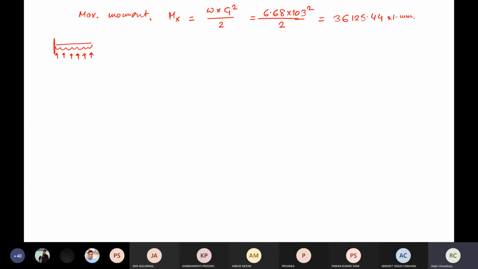Okay, now that much maximum moment can come over there. Now what we are going to do is the moment capacity of the base plate and the angle leg, that is combined moment capacity.